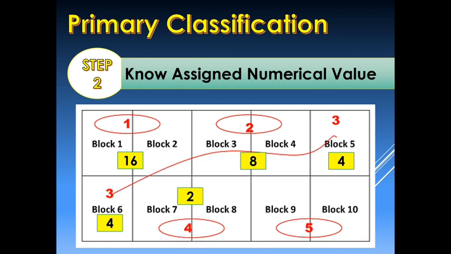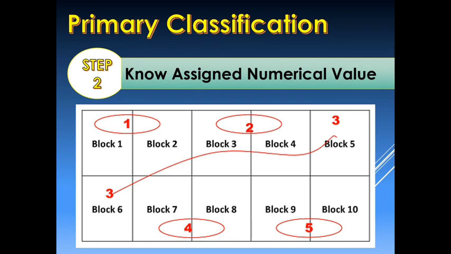And the last pair, or the fifth pair, which is block 9 and block 10, has an assigned numerical value of 1. Okay, so I hope you memorize the assigned numerical value for each block and pair.